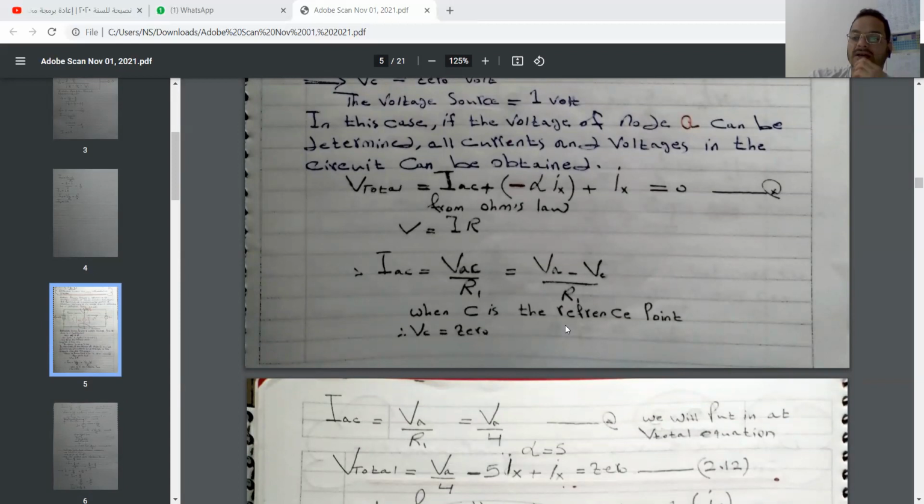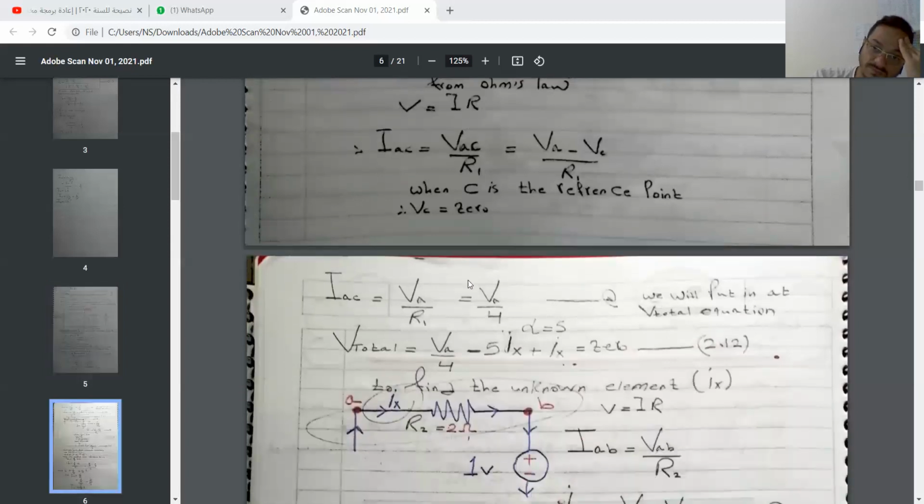From Ohm's law, we will try to calculate the current by dealing with the potential difference, I mean the voltage. The current IAC equals the potential difference between A and C divided by R1, and the voltage at C equals 0. That means IAC equals VA divided by R1.